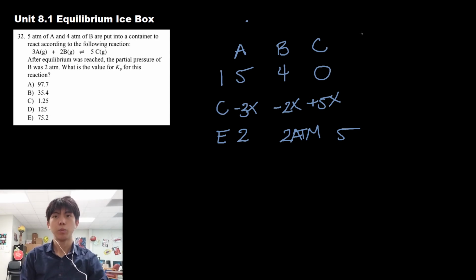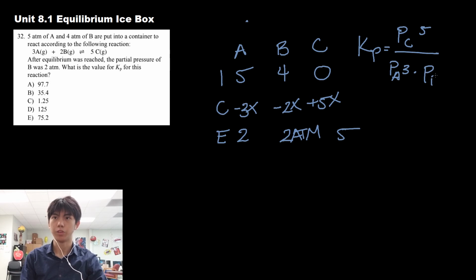Now we can go back to our initial equation for Kp. Our Kp is, of course, the partial pressure of the product C raised to the 5th over the partial pressure of A raised to the 3rd times the partial pressure of B raised to the 2nd.